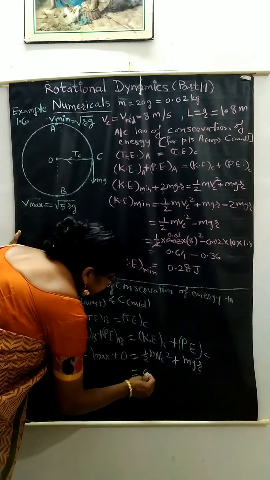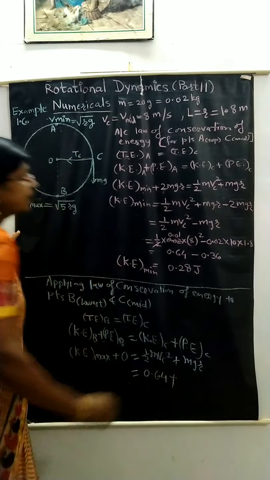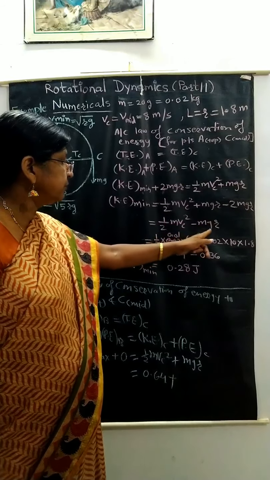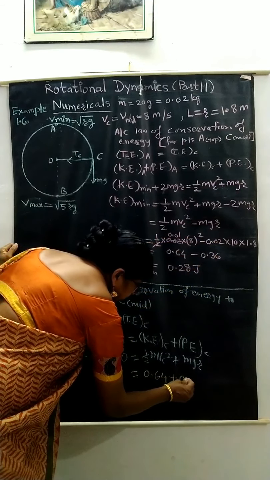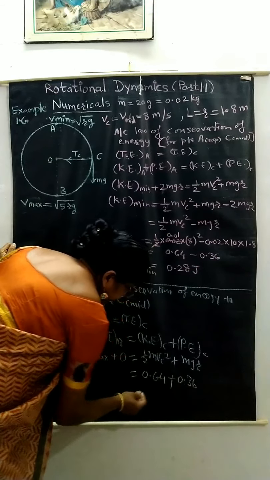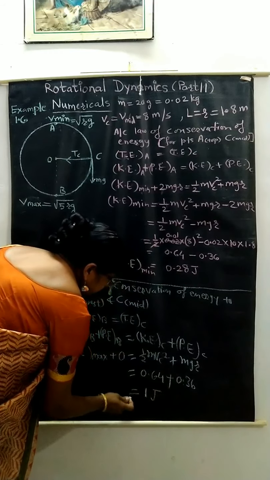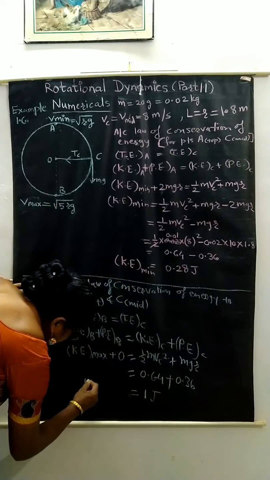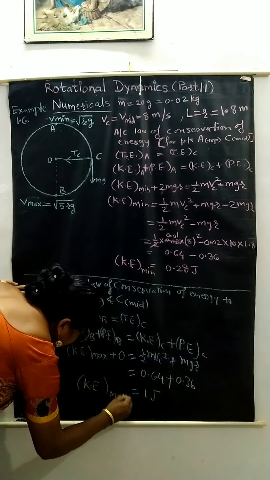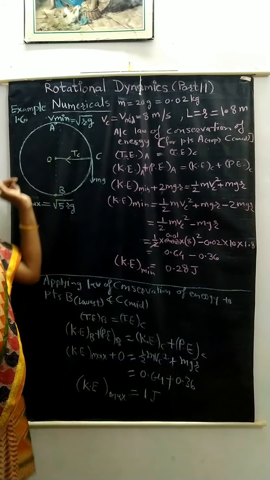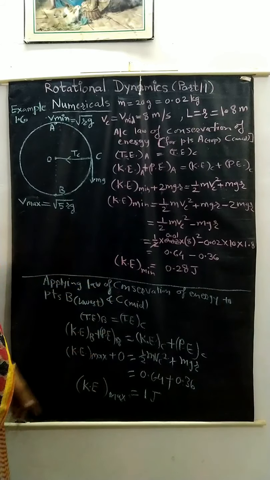So I will directly write the value as 0.64 plus mgr. Also we have calculated the value of mgr as 0.36. So it is 0.36. When we add the two, we get 1 joule. So the maximum kinetic energy in this vertical circular motion will be 1 joule, and the minimum kinetic energy will be 0.28 joule.